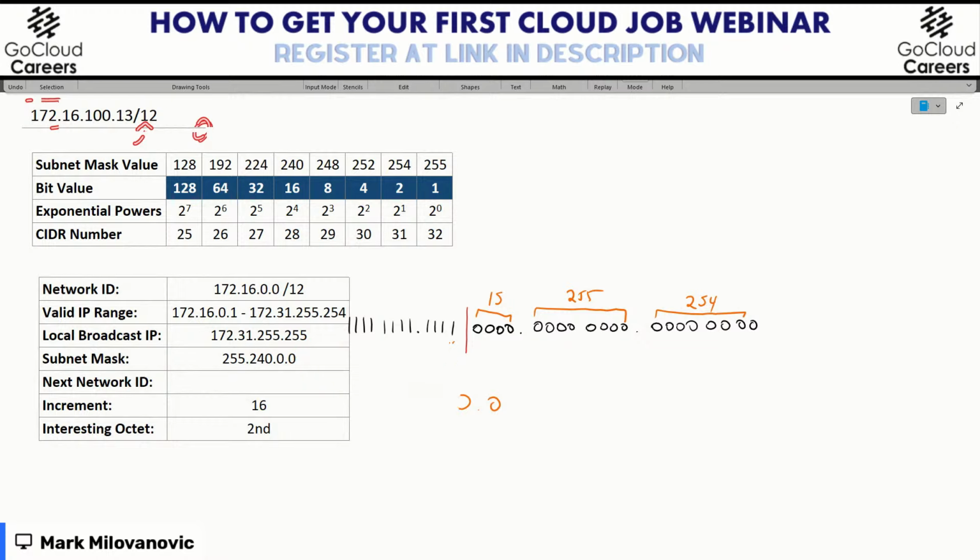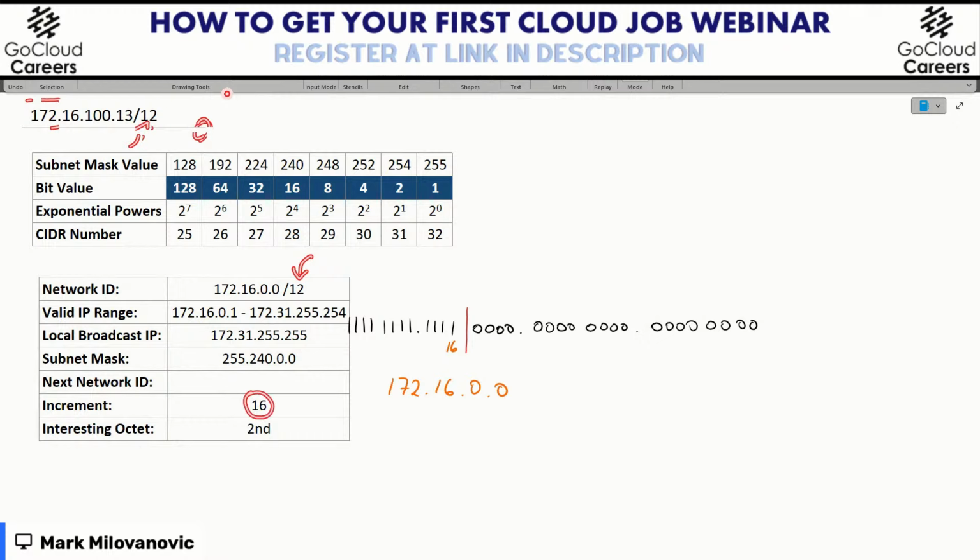Let me just delete some of this information. Okay. And now you can go the long way. We said this was an increment of 16. So what would be the next network? If my first network is 172.16.0.0, I have a prefix length of 12, you can see it here too.